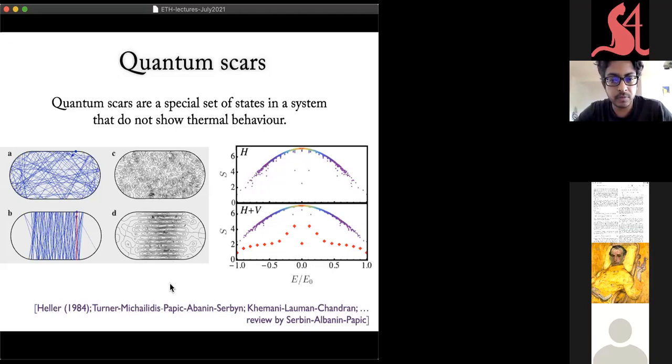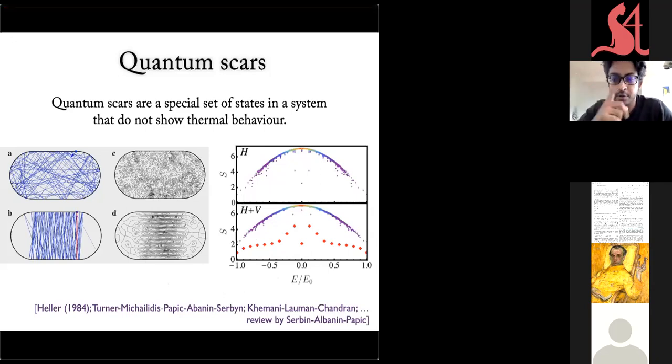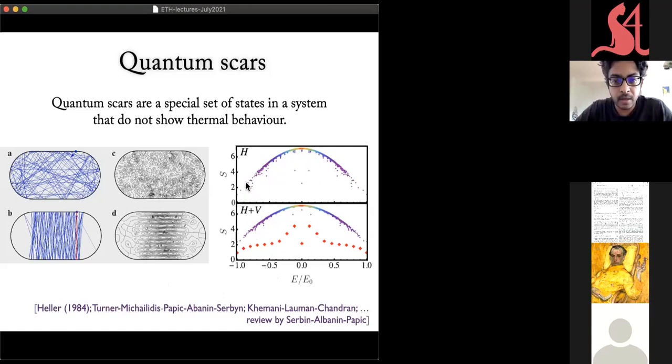And similarly, you can look at some lattice systems. The details are not important. So usually, if it's chaotic, then you can look at the entanglement entropy as a function of the energy. So this is the entanglement entropy of excited states for some given fixed subregion. And all of them have a volume law like entanglement entropy, since it's an excited state.